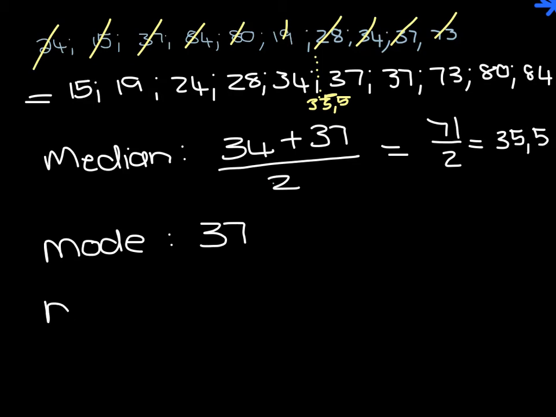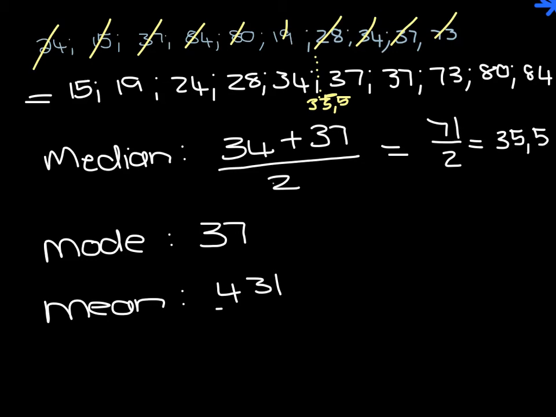The mean is the average. What you do is you add all these numbers and then you divide them by the number of numbers there is. And if you now go and you add 15 plus 19 plus 24 plus 28 plus 34 plus 37 plus 37 plus 73 plus 80 plus 84, you'll find that the number you get to is 431.